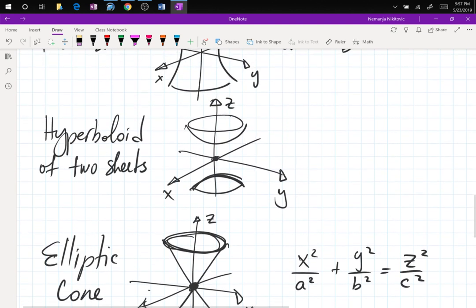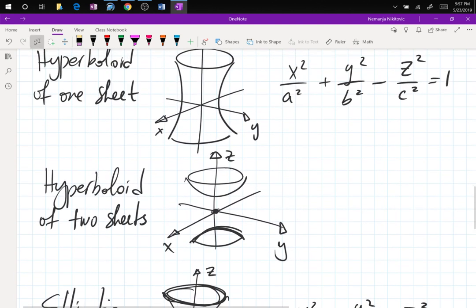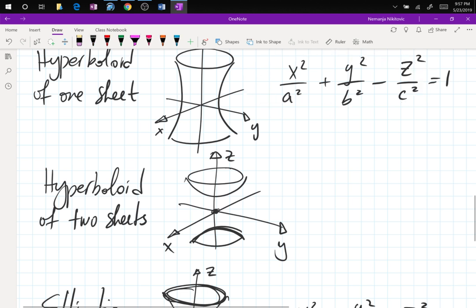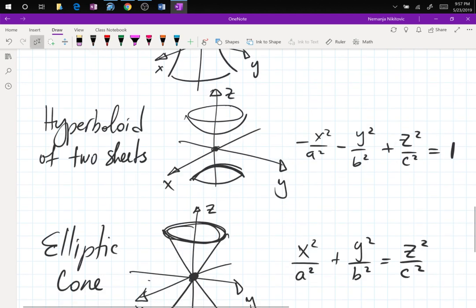Back to hyperboloid of two sheets. The equation for this puppy is you switch all of the signs here and you leave one alone. So negative x squared over a squared minus y squared over b squared plus z squared over c squared equals 1. Much better.